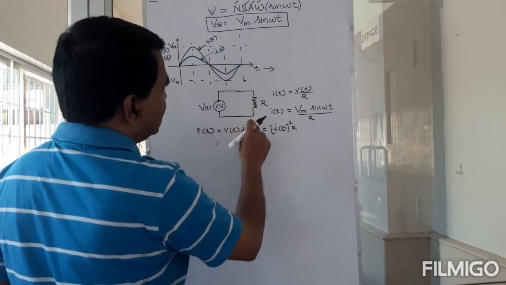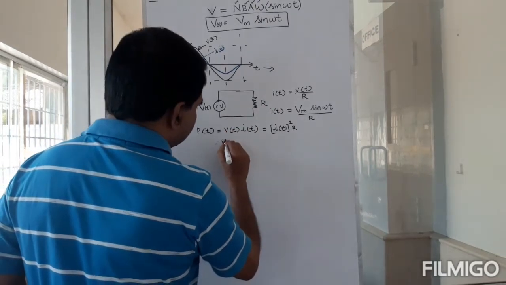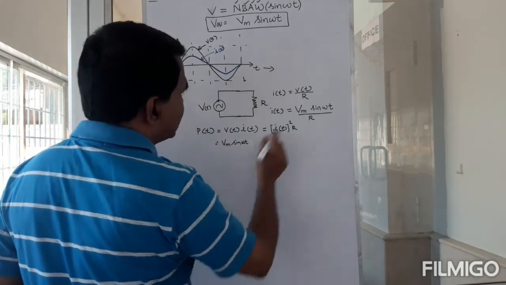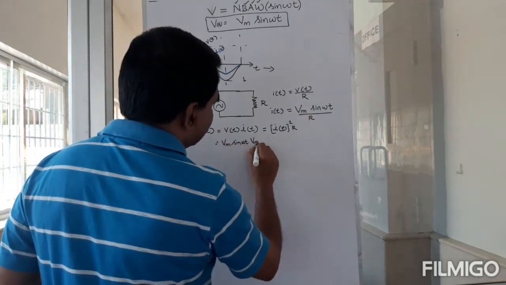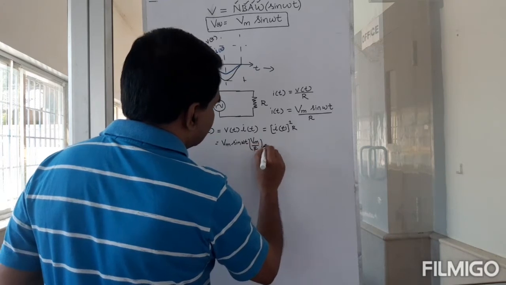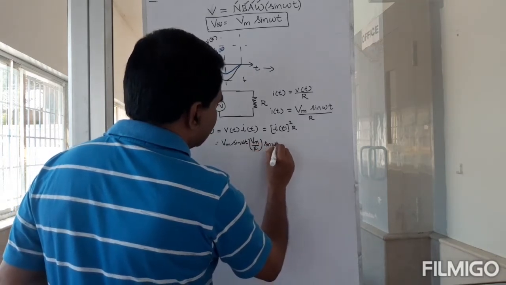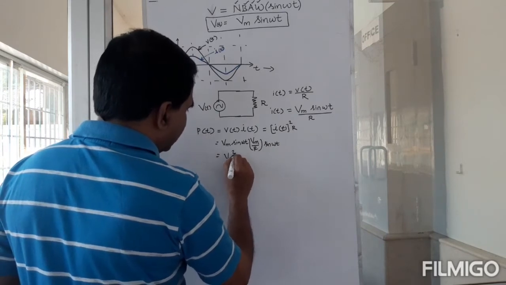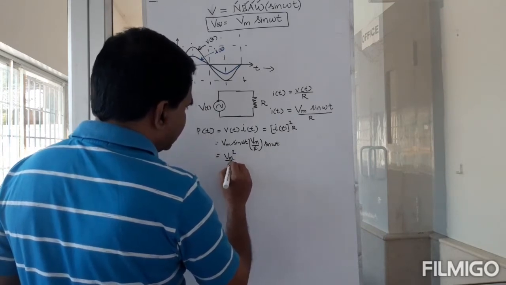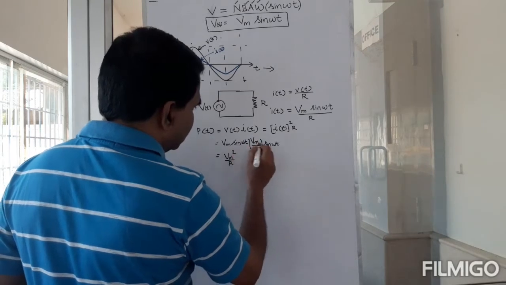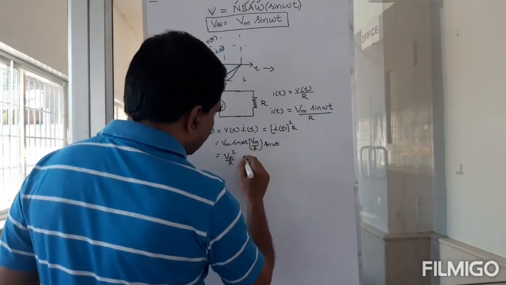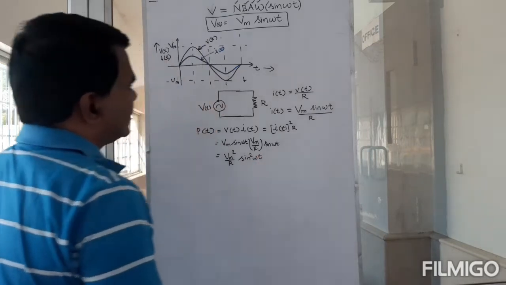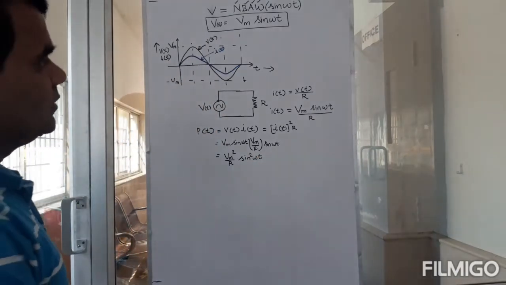Notice, V of t is Vm sin omega t, and I of t is Vm by R sin omega t. So that would be Vm squared by R into sin squared omega t. Okay.